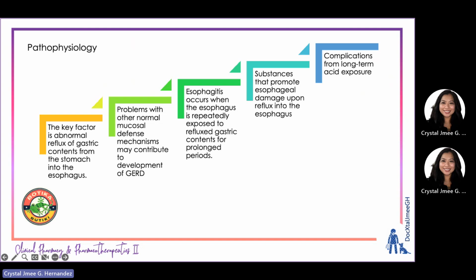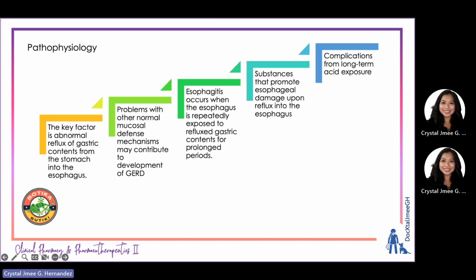Esophagitis occurs when the esophagus is repeatedly exposed to the refluxed gastric content for prolonged periods. This can progress to erosion of the squamous epithelium of the esophagus, resulting in erosive esophagitis. Substances that promote esophageal damage upon reflux into the esophagus may include the gastric acid itself, pepsin, bile acids, and the pancreatic enzymes.